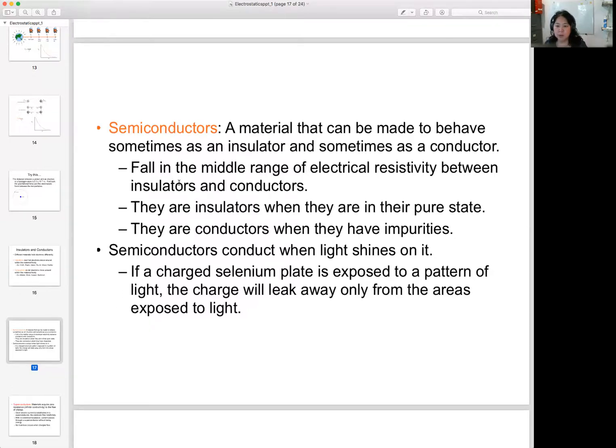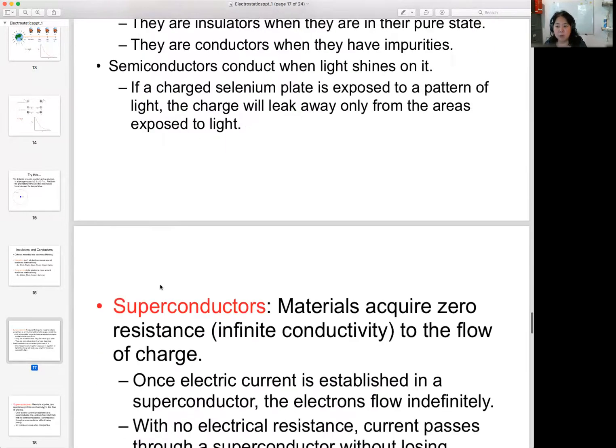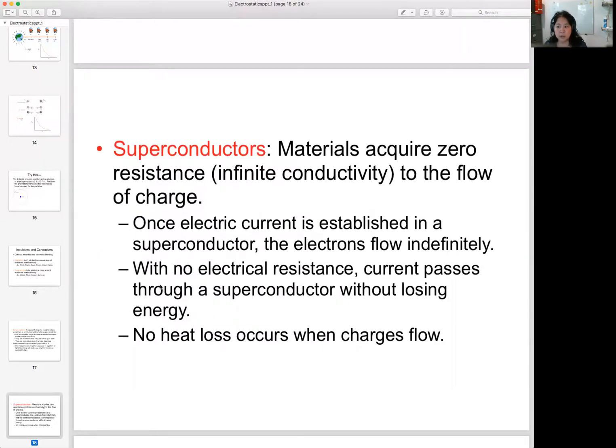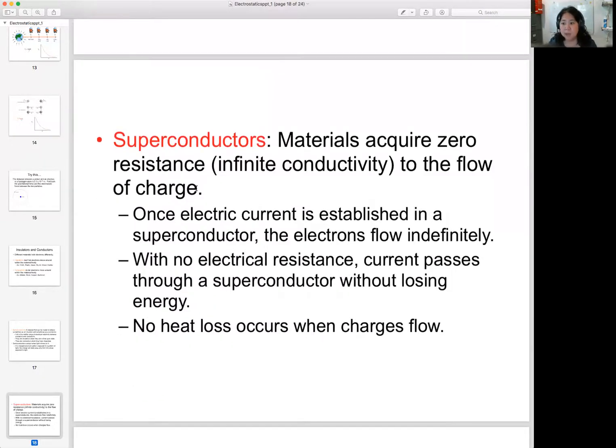So that's semiconductors. You might have also heard of the word superconductors. So I mentioned that depending on the materials, you may have different kinds of electrical resistance, right? The conductors typically have a low electrical resistance, and insulators have a high electrical resistance. Superconductors have zero electric resistance, which means that once you have a flow of electrons established, it's going to keep going forever, no resistance.